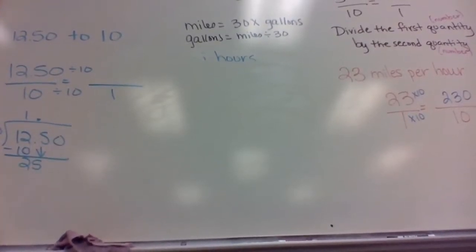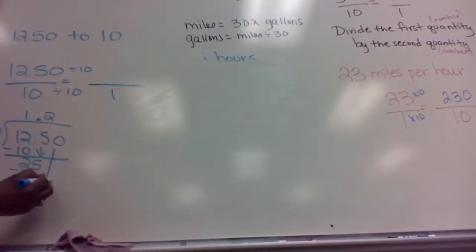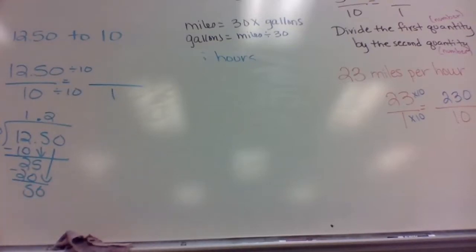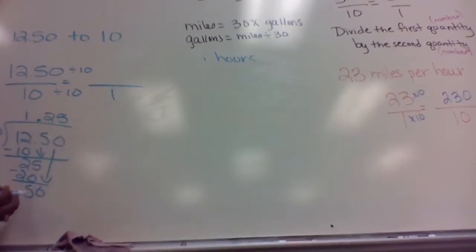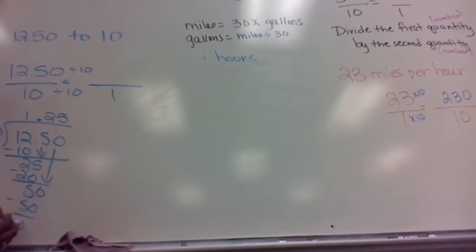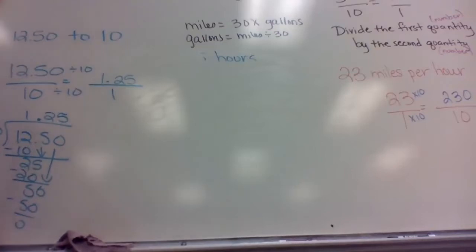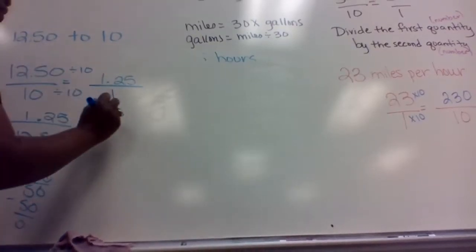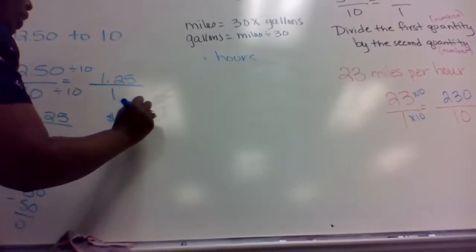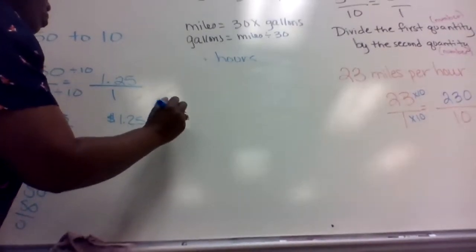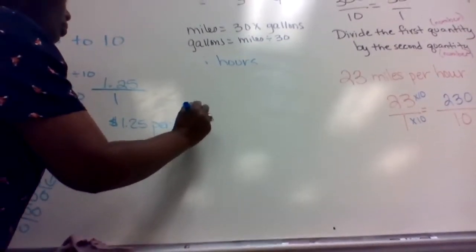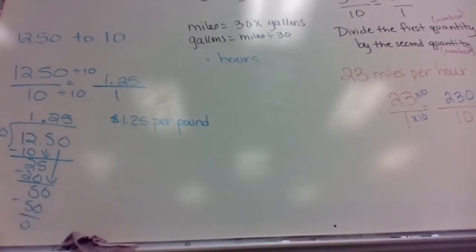How many 10s are in 25? 2. How many 10s are in 50? 5. All right, so this is 1.25. So that means what? $1.25 per pound.